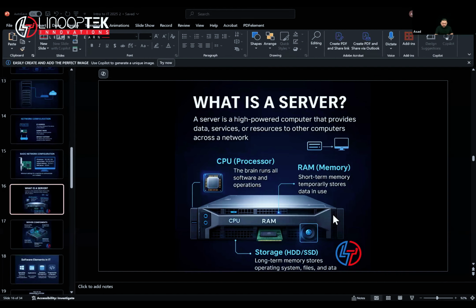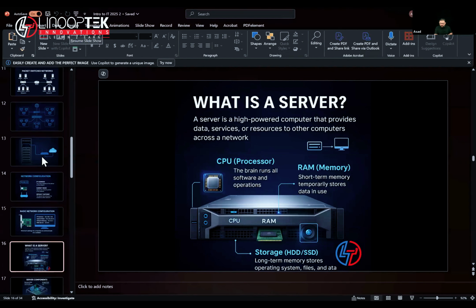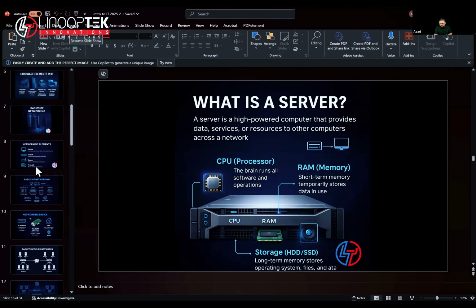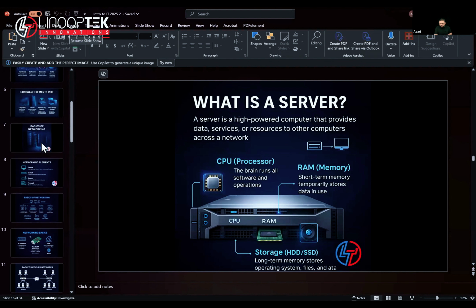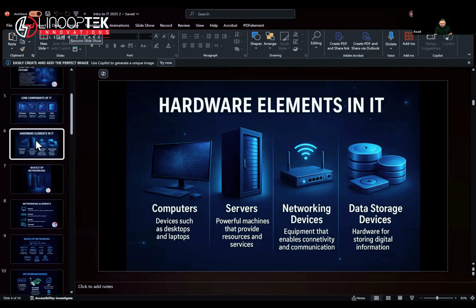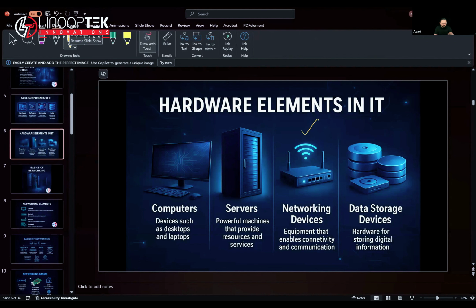Okay. Go back to my slide over here and let me tell you what we are doing, because it's very important for you to sink this in your brain. Hardware elements. We talked about this element already in great detail. Networking devices.